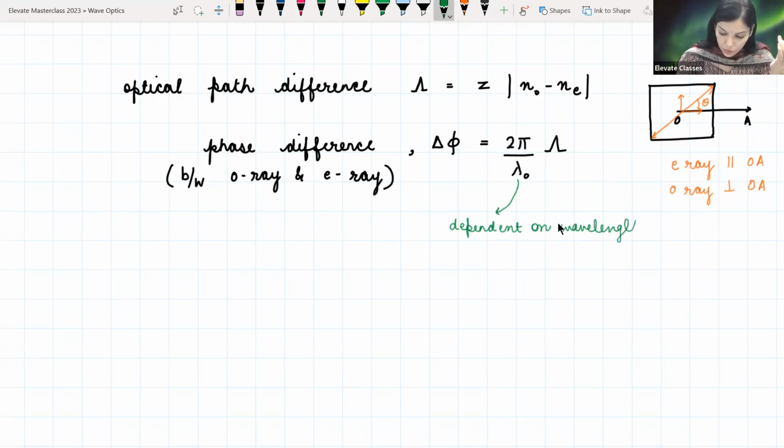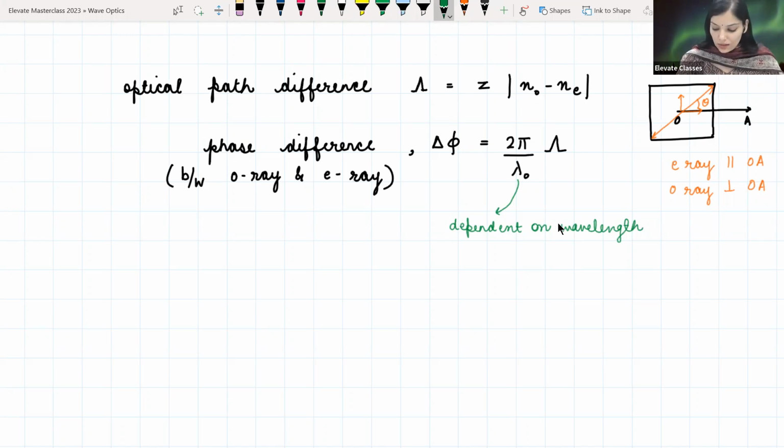So if I want to work with, let us say, red light or red laser, I will have to use the half wave plate and the quarter wave plate for that red wavelength. For lambda equal to 633 nm, I'll have to find out what is the birefringence I want, or what is the thickness I want, or what is the optical path difference I want, so that my delta phi comes out to be either 90 or 180, depending on what type of retarder I want to make.